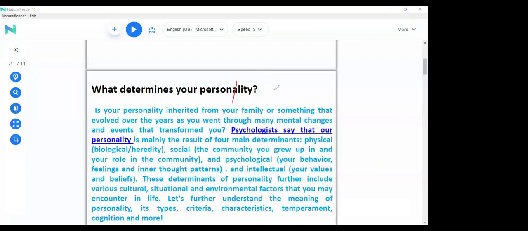Nationality, mentality, personality, and like that. Person, and then -nality: a person who has some style or system.